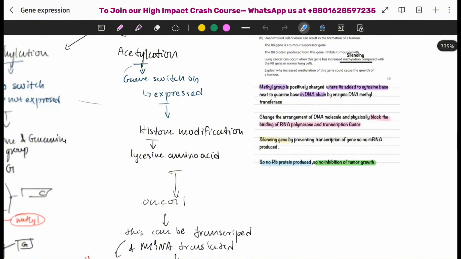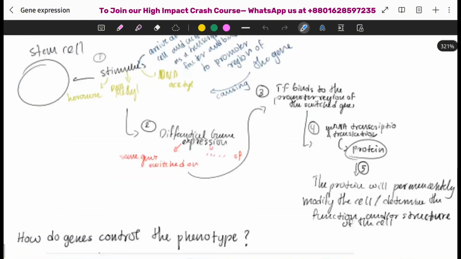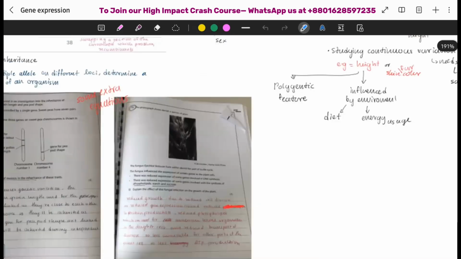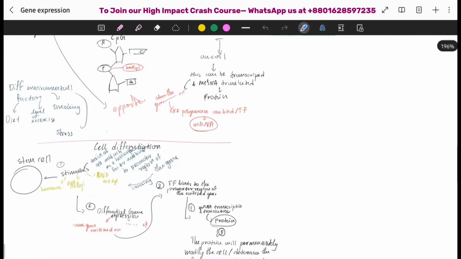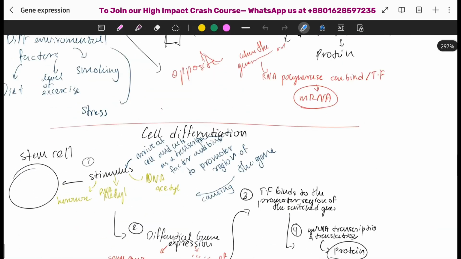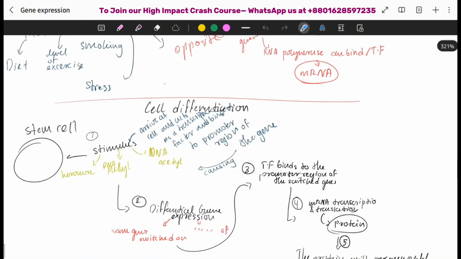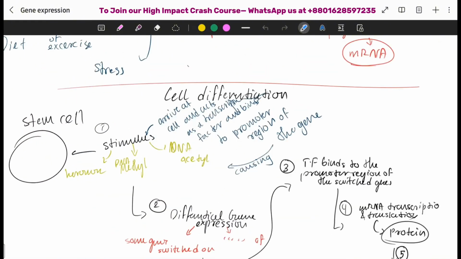So it's more like memorizing the points of what is here and what is not. Okay, so cell differentiation, stem cells, stimulus. The stimulus arrives at the cell and acts as a transcription factor. It will bind to the promoter region of the gene, and there's DNA acetylation or DNA methylation, giving differential gene expression.